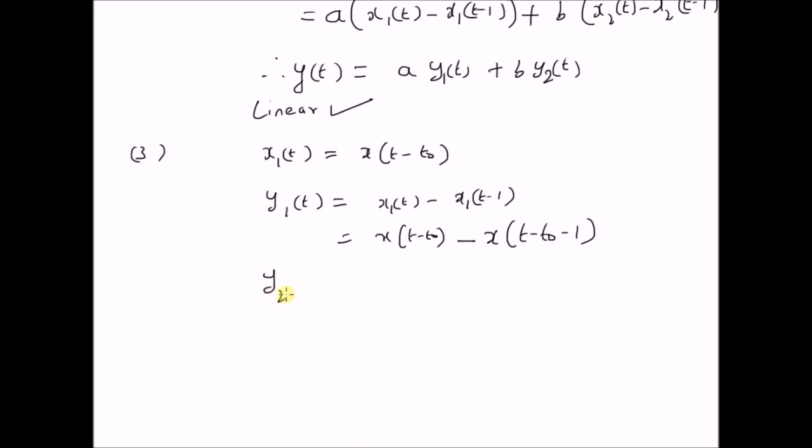Now consider the output y2 of t, which is equal to y of t minus t naught. But by the definition of the system, this is equal to x of t minus t naught minus x of t minus t naught minus 1. Therefore, y1 of t is equal to y2 of t. Therefore, the system is time invariant.